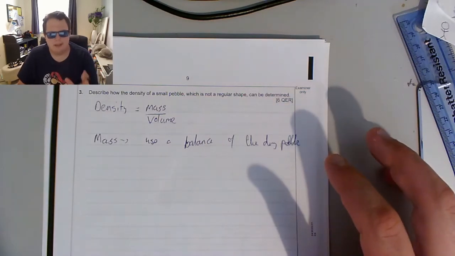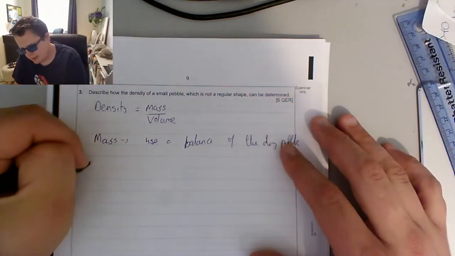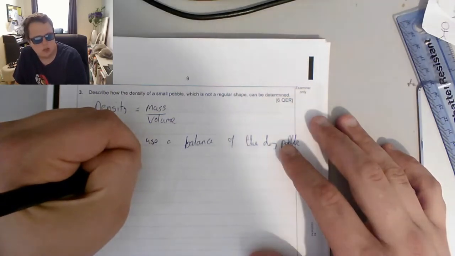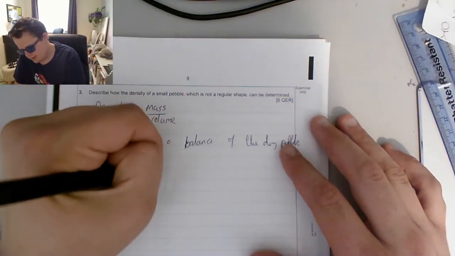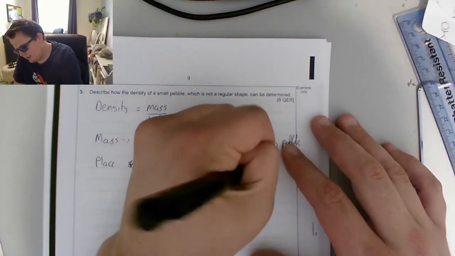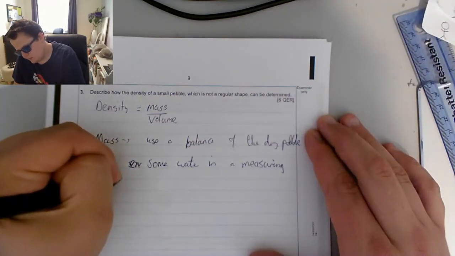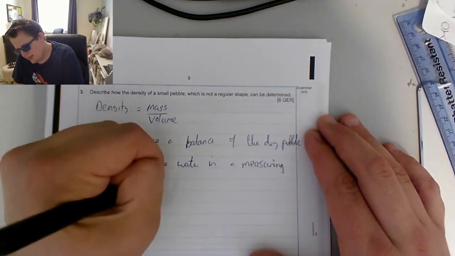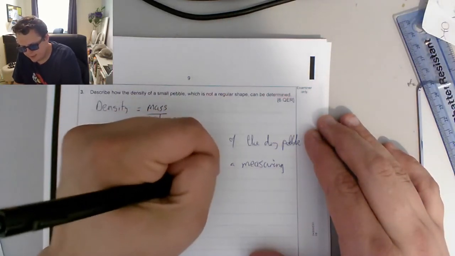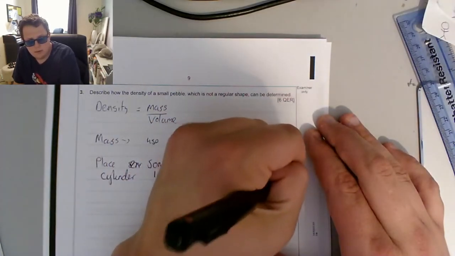Now, take care of this. Explaining this can be a little bit tricky, but what we're going to do is place some water in a measuring cylinder, leaving enough space for the pebble.